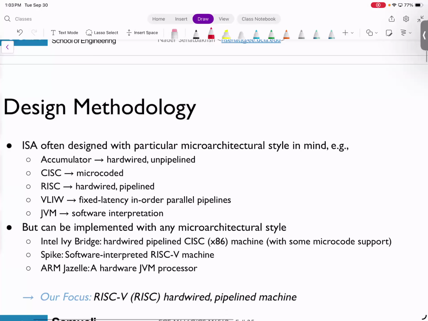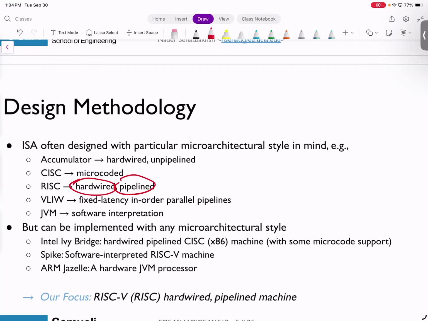All right. So when we want to design an ISA, we have to think about different strategies that exist. There are different microarchitectural styles that one can take to implement a given ISA. The most famous ones are RISC and CISC. RISC is what we call a reduced instruction set architecture. It's a hardwired and pipelined system.